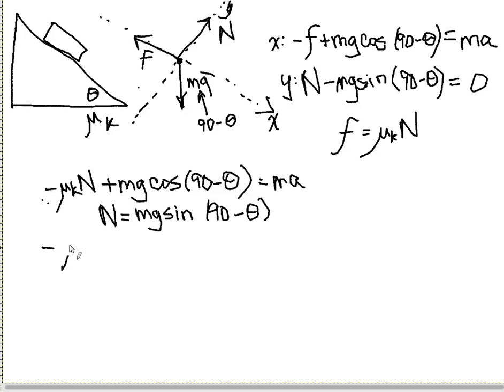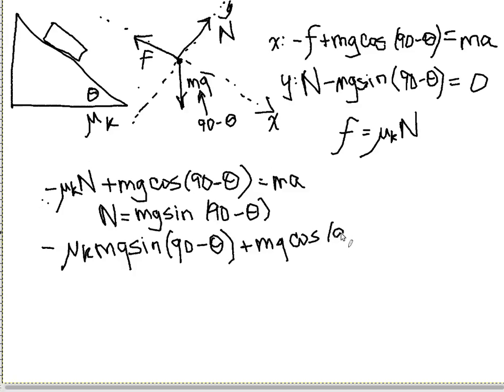Minus mu sub k mg sine 90 minus theta plus mg cosine 90 minus theta equals ma.